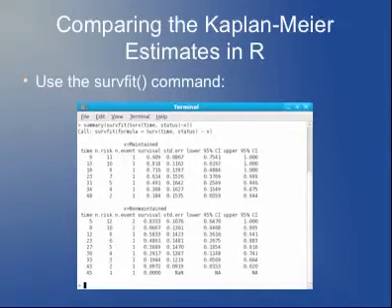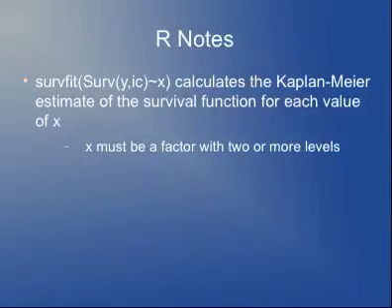So it does look like the extended chemotherapy might be helping a little bit, but there's still a question as to whether it's statistically significant. In general, if you say survfit, a surv object twiddle x, that'll calculate a Kaplan-Meier estimate of the survival function for each possible value of x, where x should be a factor with two or more levels.